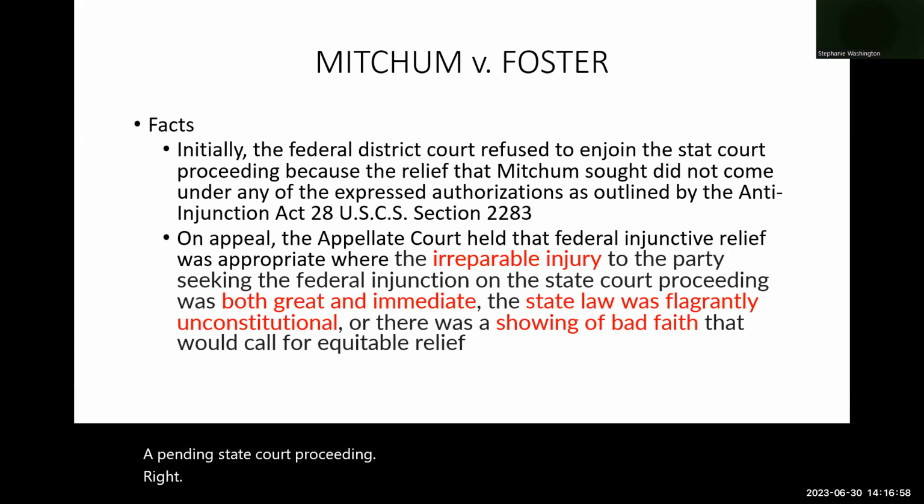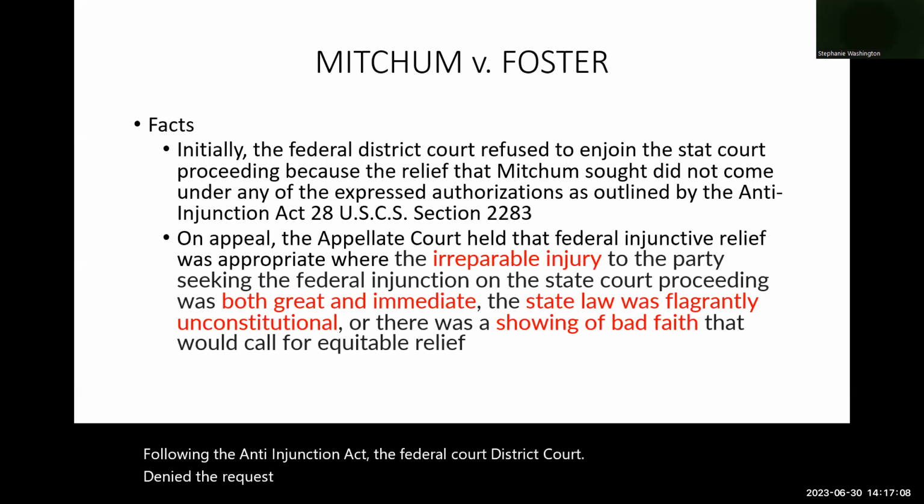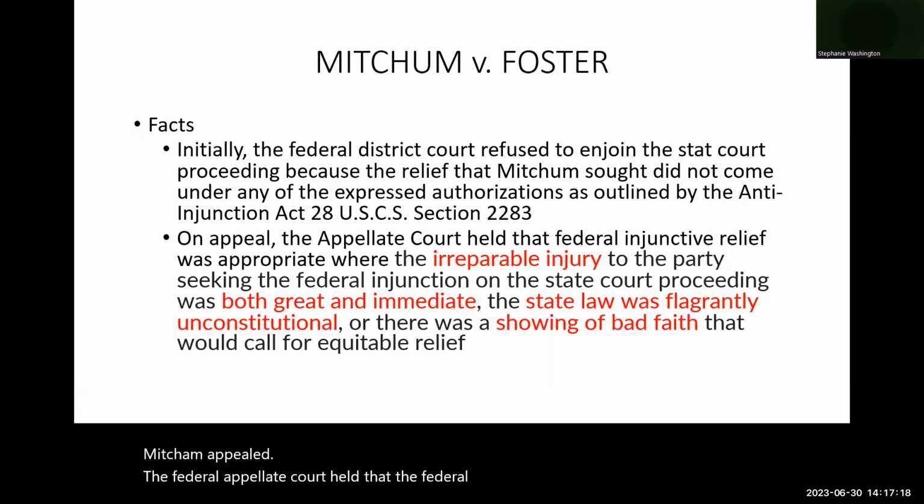Following the Anti-Injunction Act, the federal district court denied the request to grant the injunction against the state proceeding. Mitchum appealed.